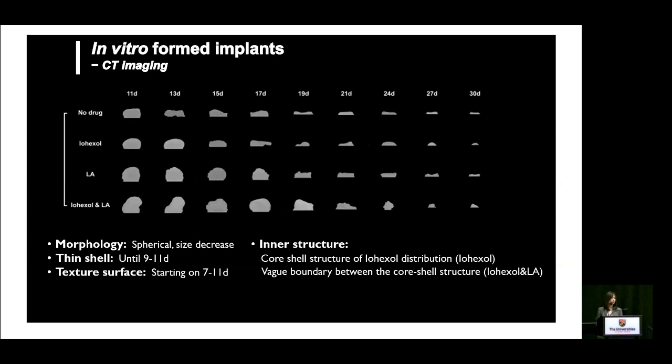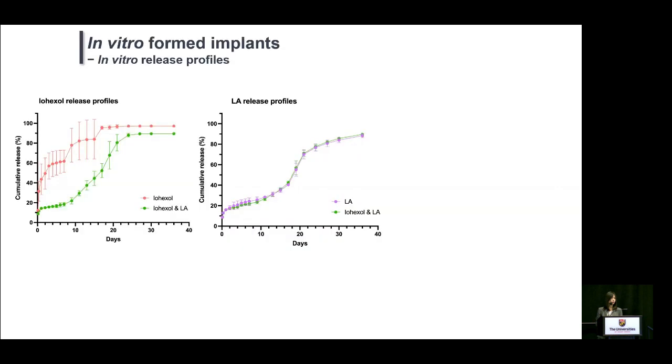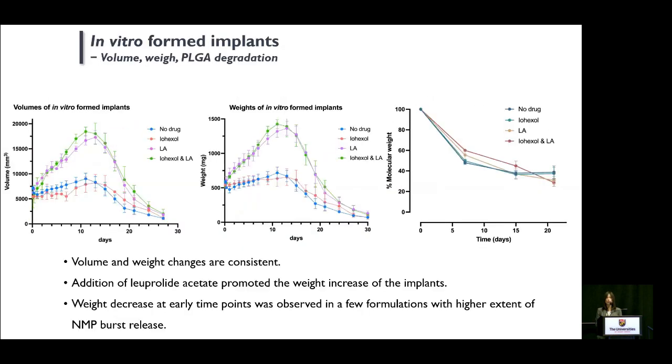So we took the implants, and we can monitor the whole weight of the implants, and also we are able to use imaging to quantify the volume of the implant. The left figure shows the volume, and in the middle is the weight of the implants.